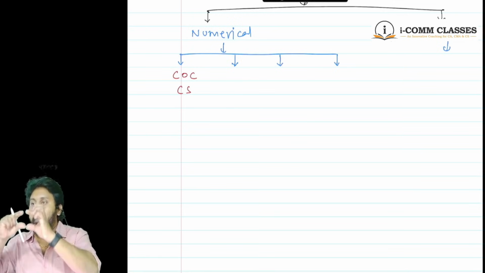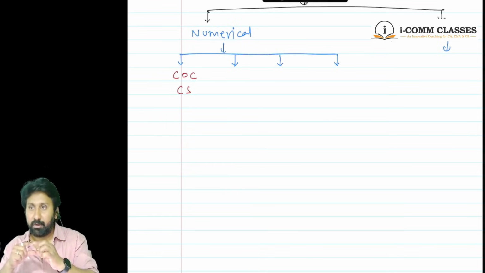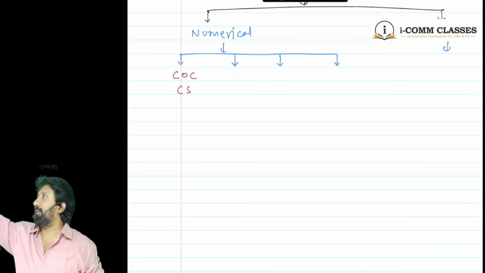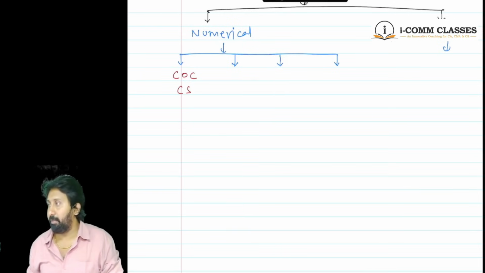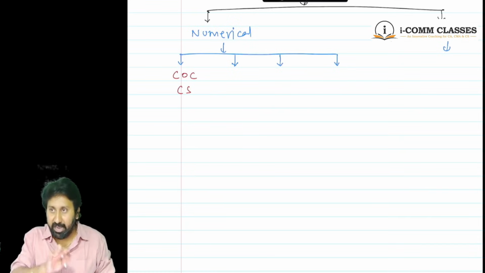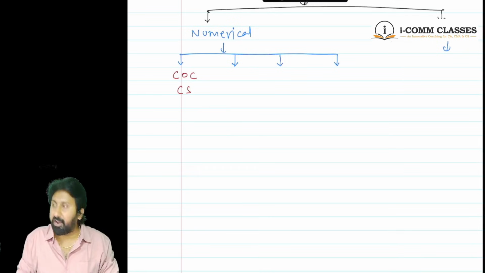These are 2 combined chapters, and you should read them in combination. If you read cost of capital on one side and capital structure on the other, you won't know the proper sequencing of FM. That's the problem. Both areas have a lot of interlinking. So, cost of capital, capital structure. Next.